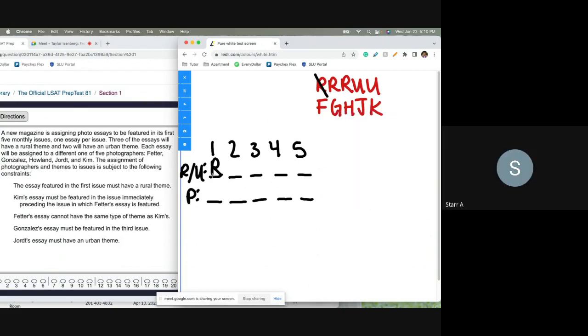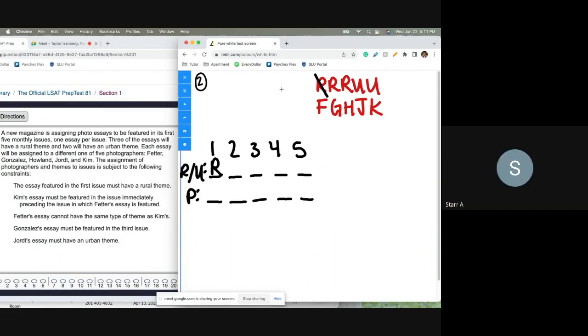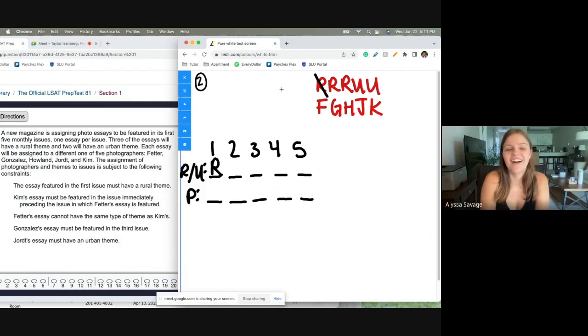F before K. It says K's essay must be featured in the issue immediately preceding. Preceding means before. So the opposite. Yeah. A good way to think about it, because you're going to see words like this in the test, not just in logic games but also in LR, and I'd say that would probably be more common, is precedent.